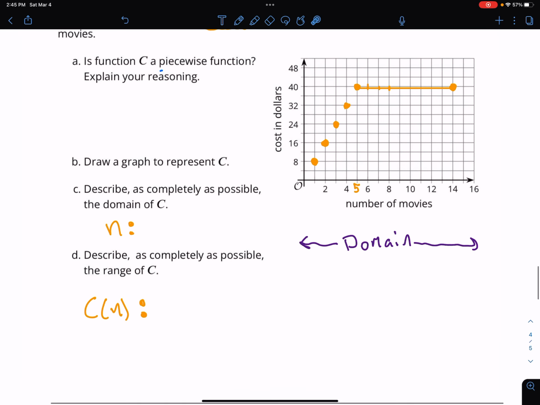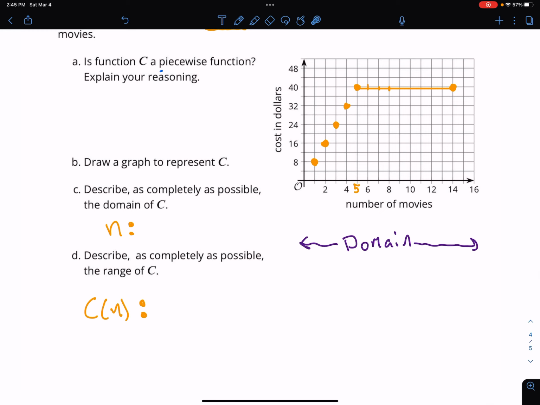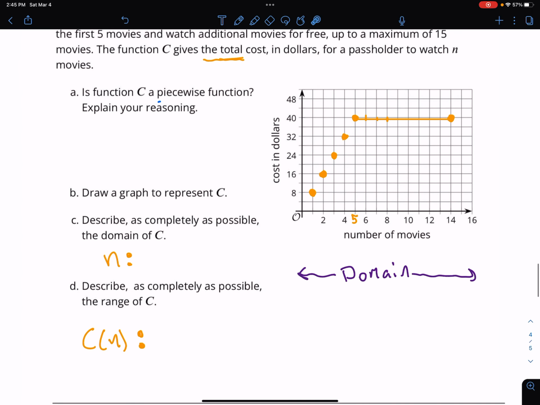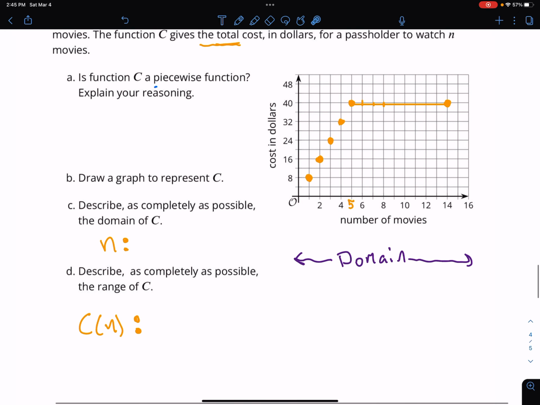So let's list this out. We're not just going to say n goes from 0 to 14 because we're dealing with whole numbers here, not all numbers, not fractions. This is a lot like question 1, I think it was. All right, let's make a list. The domain, we're either going to watch 1 movie, 2 movies, 3 movies, 4 movies.